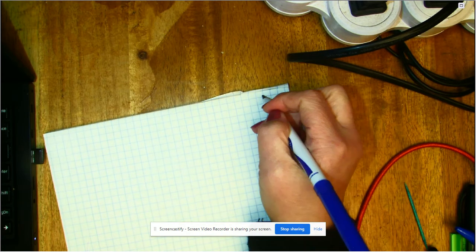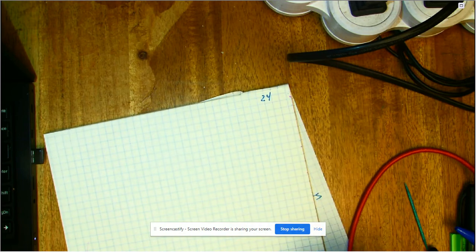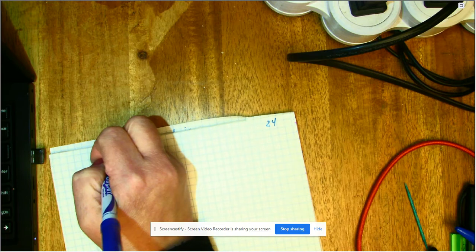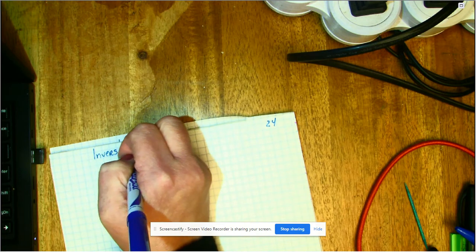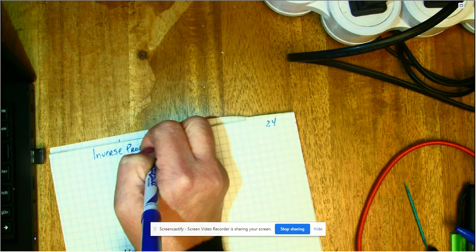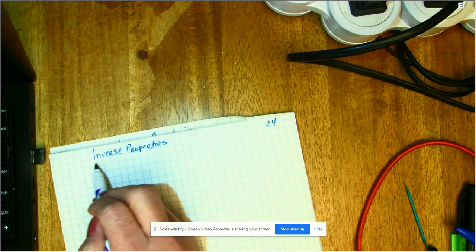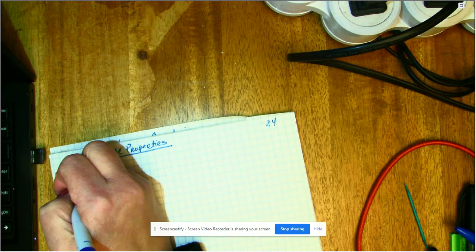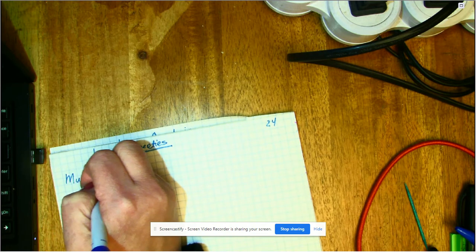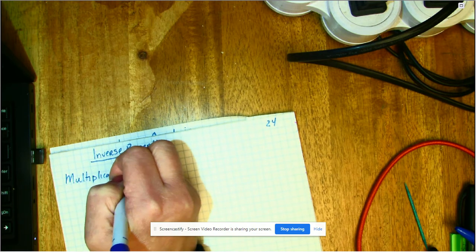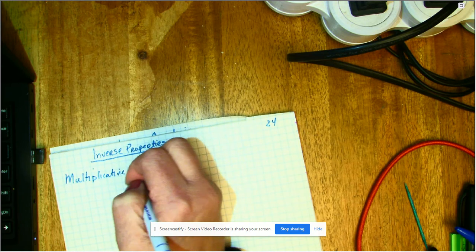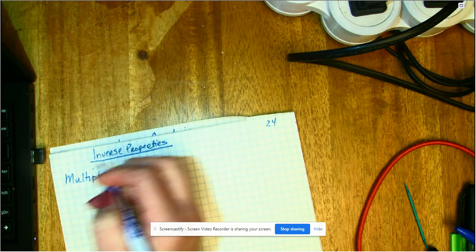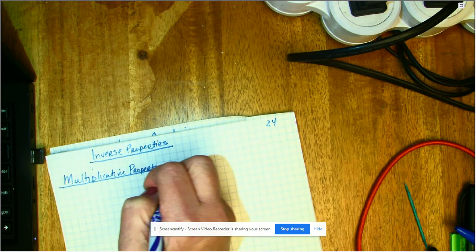So this is 24 in your notes. So we have inverse properties. The first one is the multiplicative property, or the multiplicative inverse property.